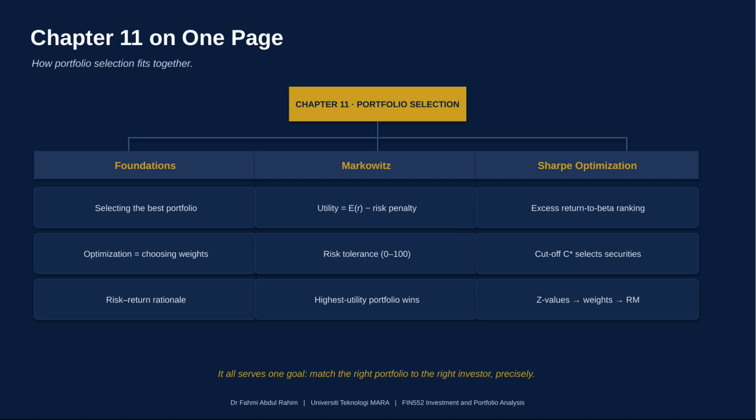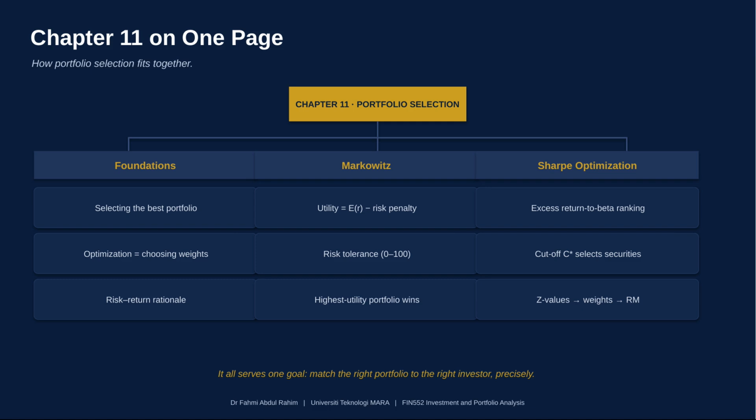And along the bottom, the single goal that ties it all together, to match the right portfolio to the right investor, precisely. If you can compute utility, run the three Sharpe steps, and turn the result into weights and ringgit, you have mastered this chapter.